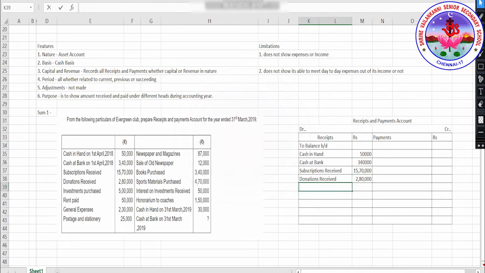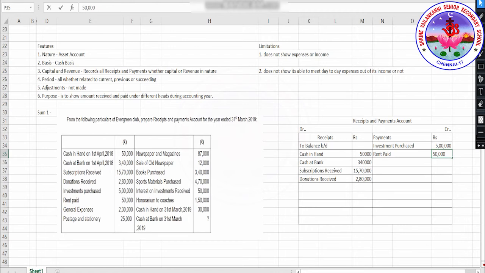Then investment purchased. When purchasing, you make a payment, so it will come under payments. As I am doing this, you're supposed to write in your classwork. Do not sit idle. Please write. Then rent paid. It is a payment again. How much? 50,000.